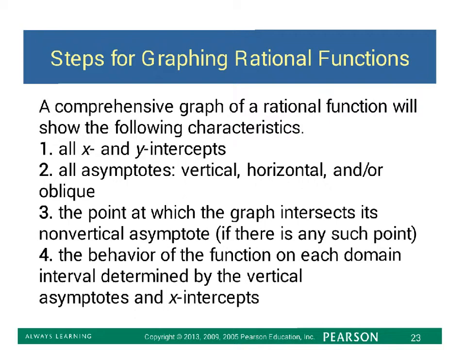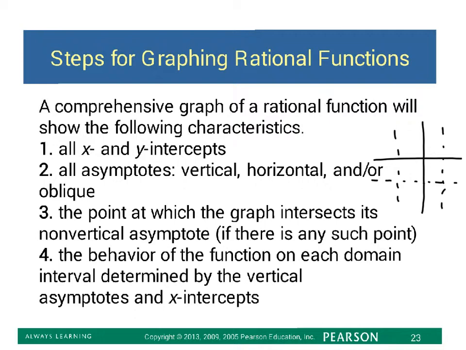After you find your vertical and horizontal asymptotes, say that this is where you have found your horizontal and vertical asymptotes to be. So you have one here down in the negative values. Then say you have a couple of vertical asymptotes, like this.